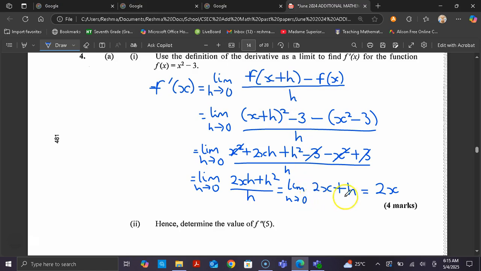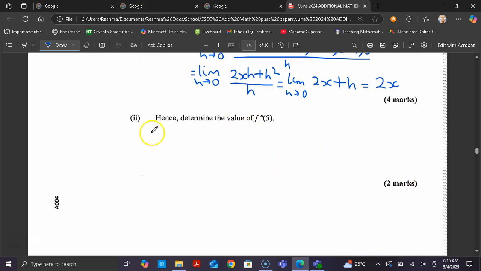Okay, so this whole thing is worth 4 marks. Now the hence part: hence determine the value of f''(5), which means the second derivative, and this is worth 2 marks. If we know the first derivative is 2x, then we differentiate again.